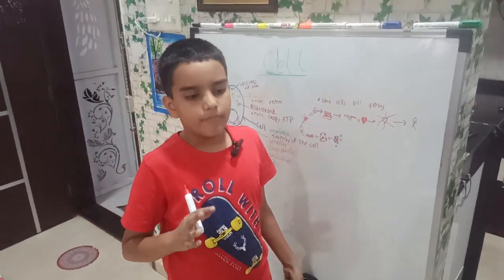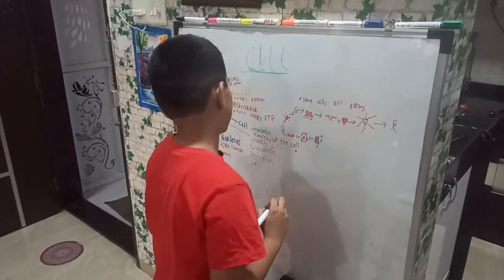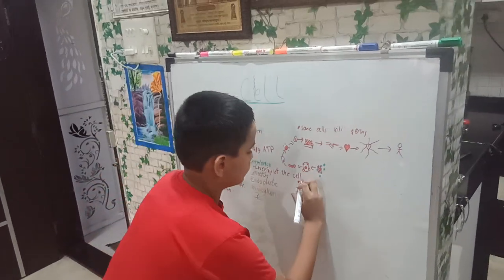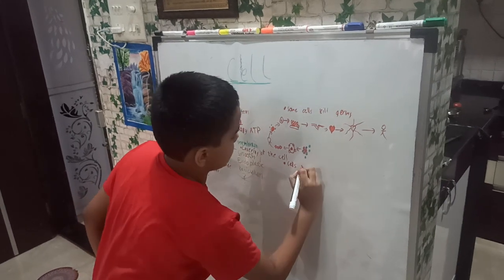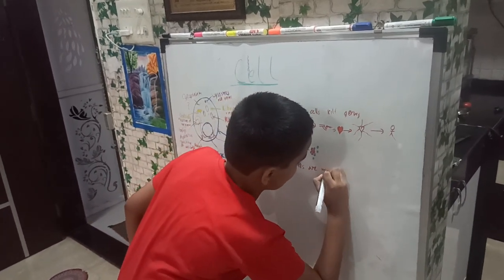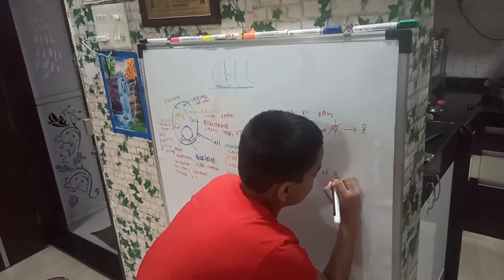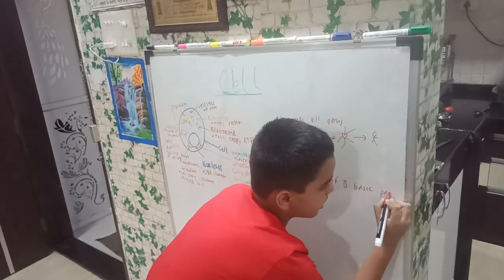Okay, so next important point, cells are made of three basic parts.